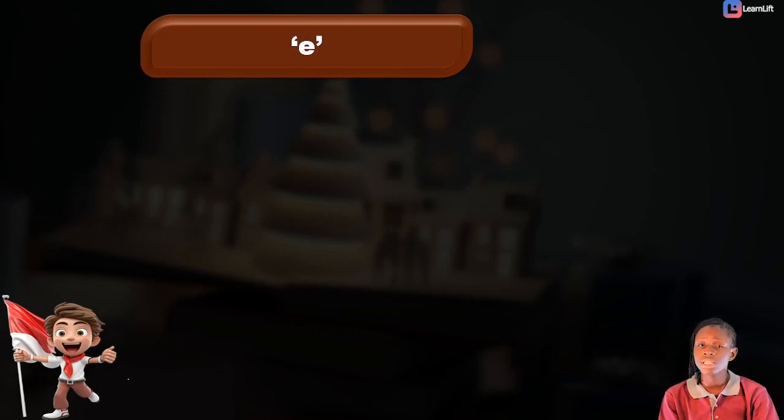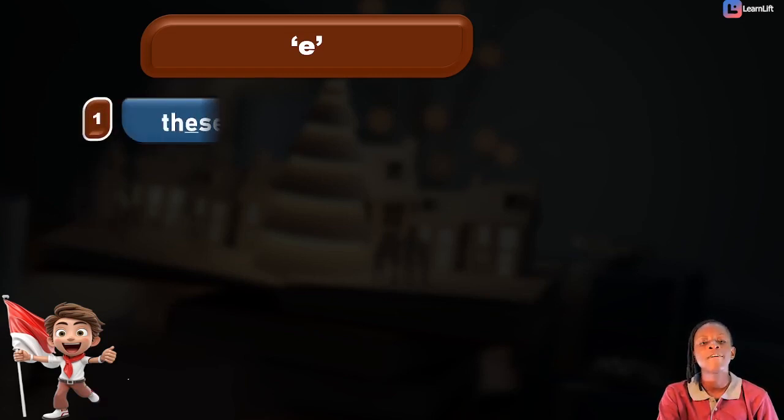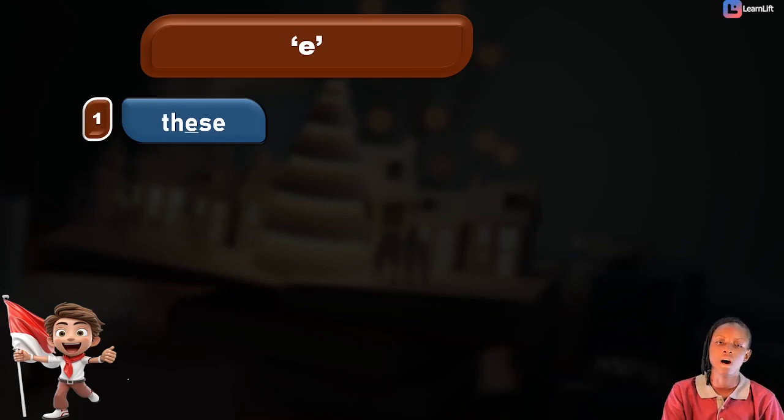Note this: not all words, but specific words, almost a few words. I'll be showing you these words. We have the first one, "these". It has the long E sound. Let's transcribe "these" to see how it has the E sound.